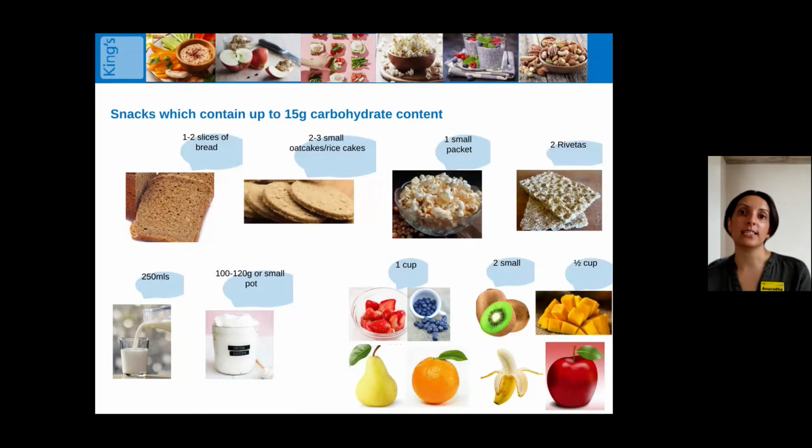And the reason we suggest this is to make sure that you're not overloading your body with too much carbohydrate in one go. And for any snack ideas or inspiration, please do have a look at our dietary resource for that. And you can also have a look at the diabetes.org.uk website for further inspiration.